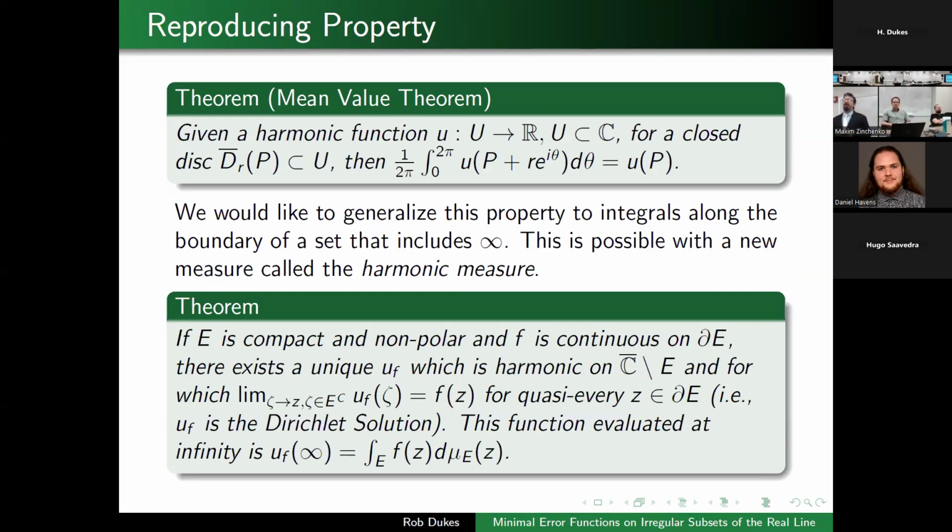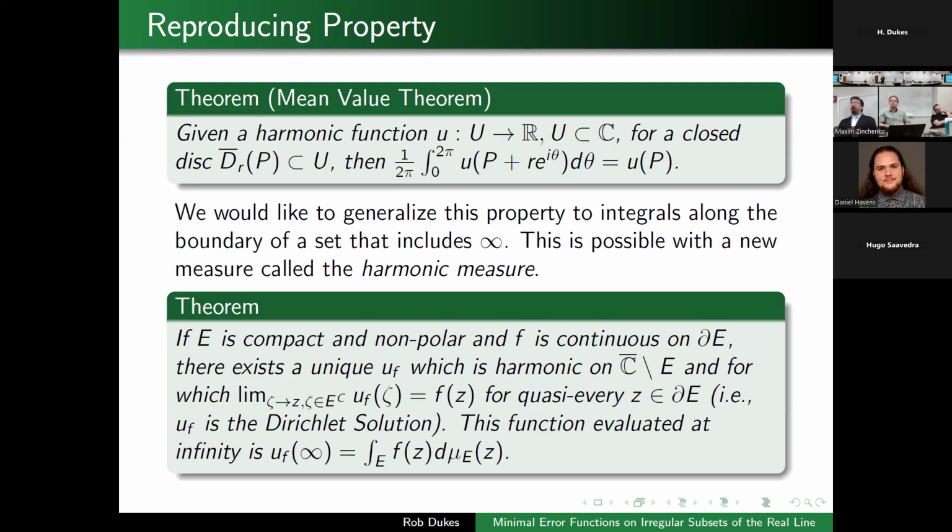So the mean value theorem says, in one version, that you have a harmonic function on some open set, and you can fit a closed disk inside that set. Then the average you get by integrating around the outside of that disk and dividing by 2 pi is the same as the value at the center.